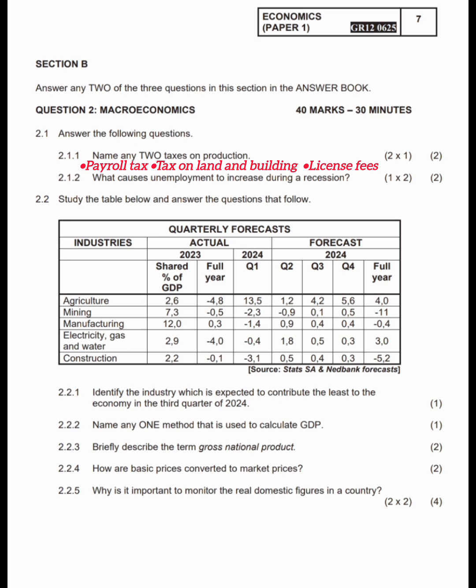What causes unemployment to increase during a recession? So we know that this is our business cycle question. A recession is when there's a decrease in employment, a downturn, a decrease in economic activities, and high inflation, all the bad effects on the economy, right?